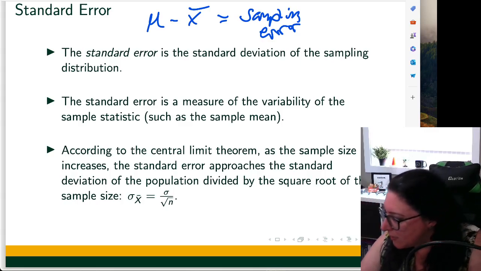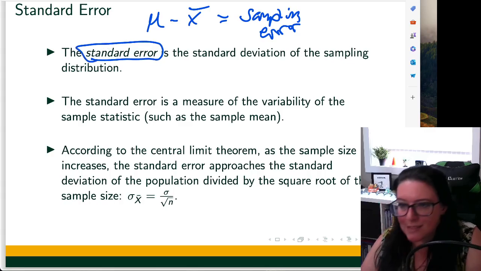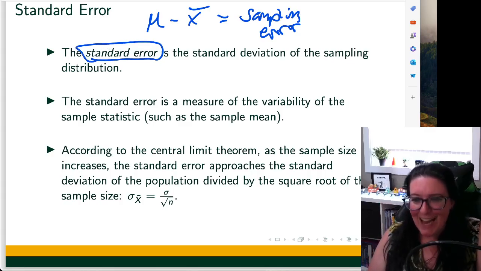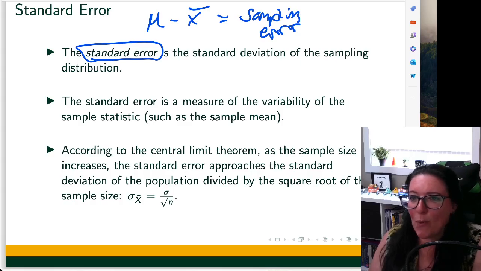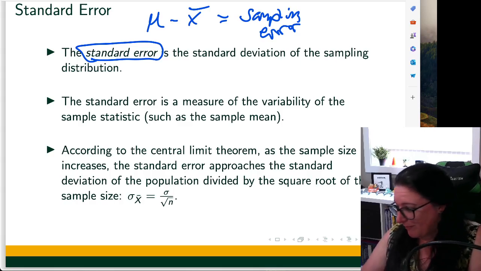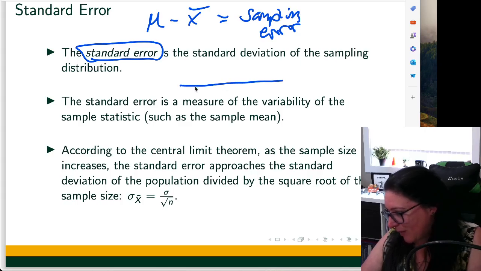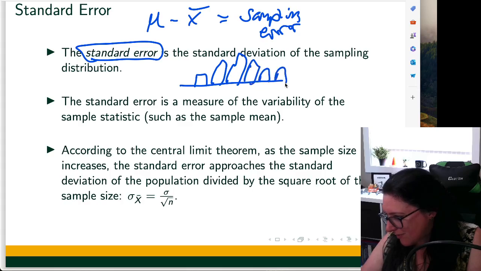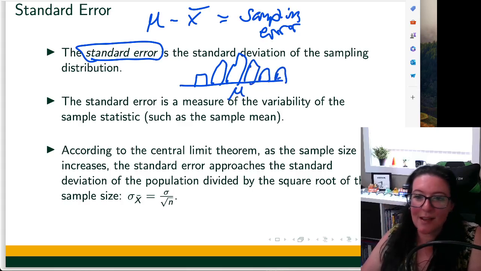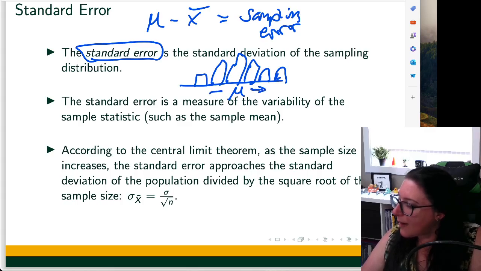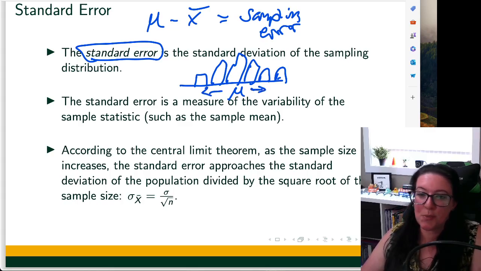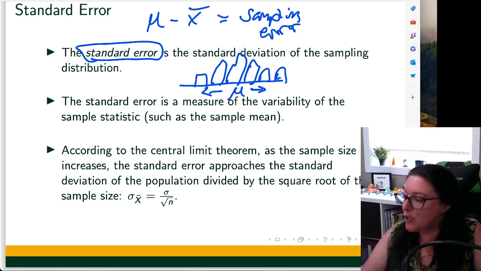Standard error, so just make sure we're differentiating between them. Standard error is going to be the standard deviation of the sampling distribution. So we take all our x bars, our averages, the average of the averages gives us mu. How much variability there is in that sampling distribution, that standard deviation has a special name called standard error.